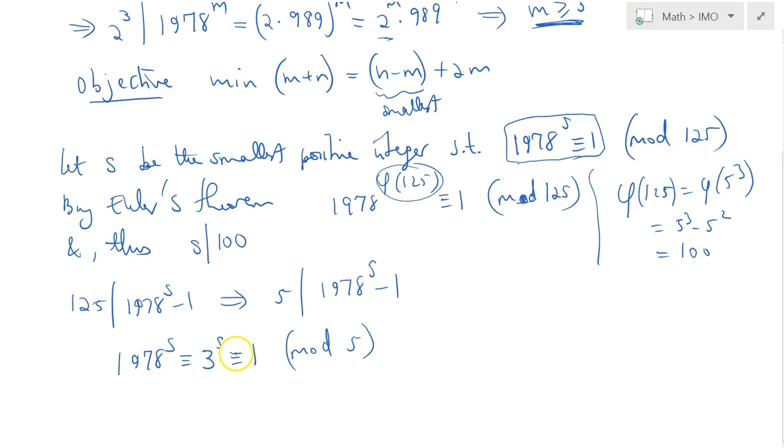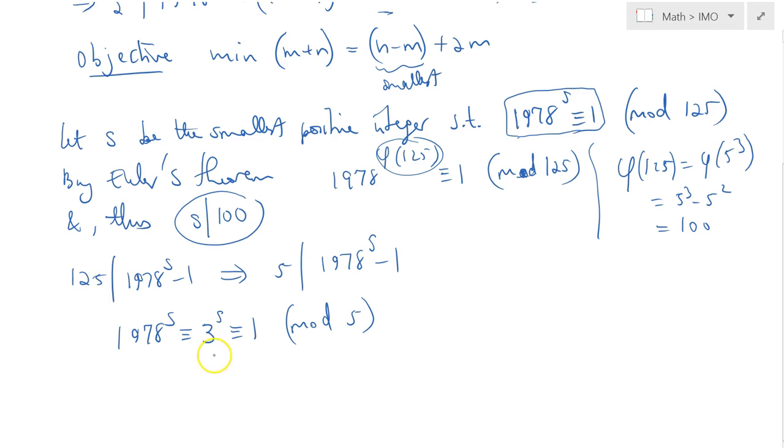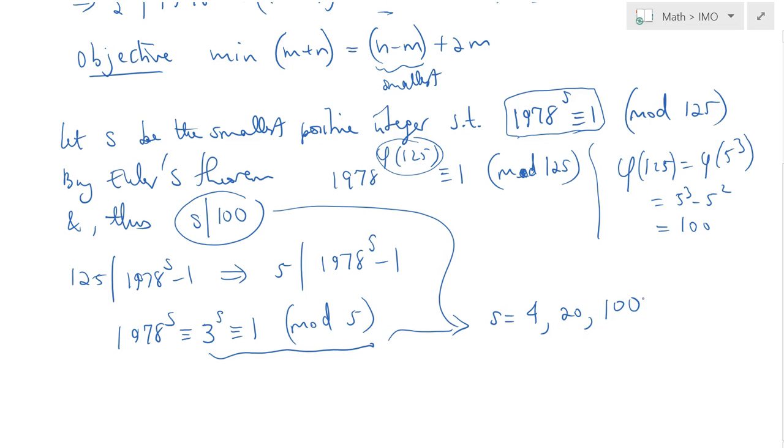That would only happen knowing that s divides 100 and also this condition. Combining these two, we realize that of the 9 divisors of 100, only 3 of them satisfy this second congruence, and those are s equal to, I believe, 4, because 3 to the power 4 is 3 squared, 9, or minus 1 squared, which is just 1. So 4, and you can easily check that 20 satisfies it as well as 100.